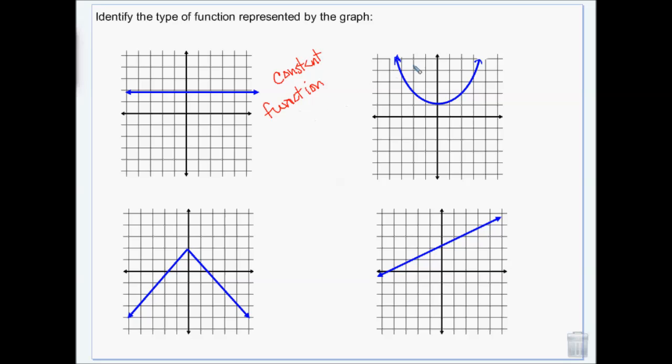If the graph looks like a U, it's a parabola, it's a quadratic. If it looks like a V, doesn't matter which way the V is pointing, if it looks like a V, it's absolute value. And if it's like a slanted line, it's an identity function.